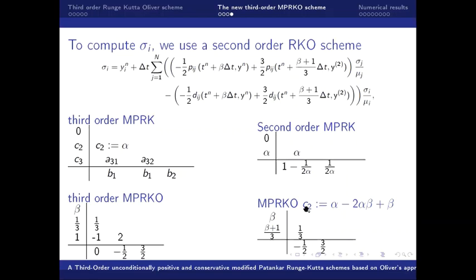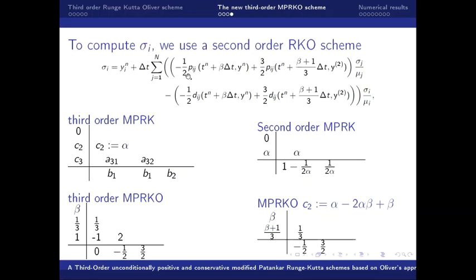Then C2 is beta plus 1/3. And beta 2 is equal to 3/2. Beta 1 is minus 1/2.